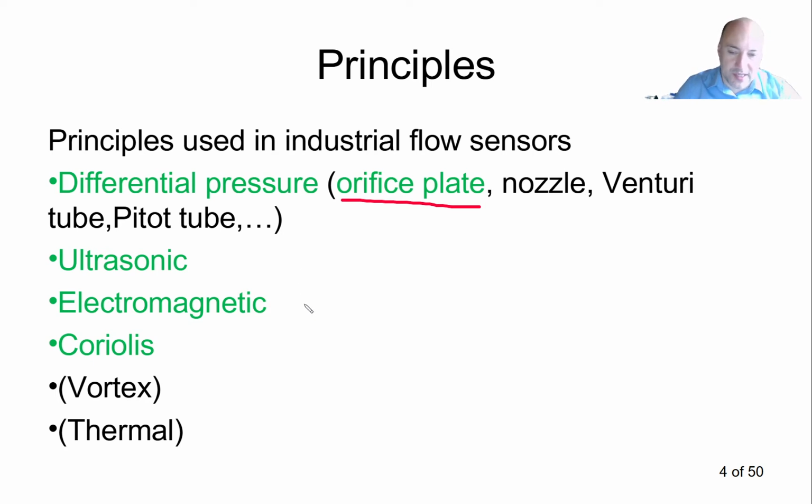Then we will discuss the electromagnetic flow meter, and at the very end we will be discussing the Coriolis flow meter. So here are the 4 flow meters that we will be discussing today. The other flow meters are also used in industrial sensors. They are a little bit less common, and since we have only one lecture devoted to flow meters, it would definitely not fit into this one lecture. So that's the reason why we will be discussing only those 4 selected principles.